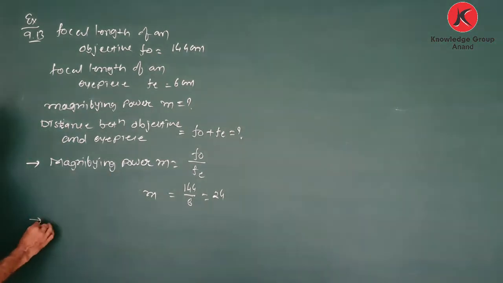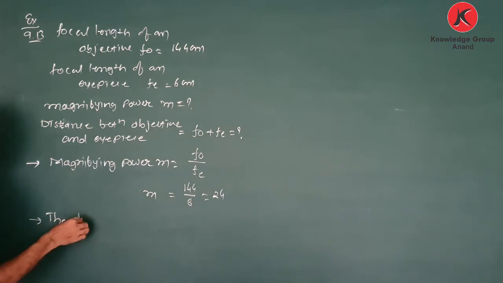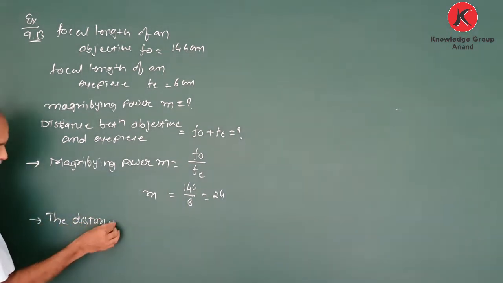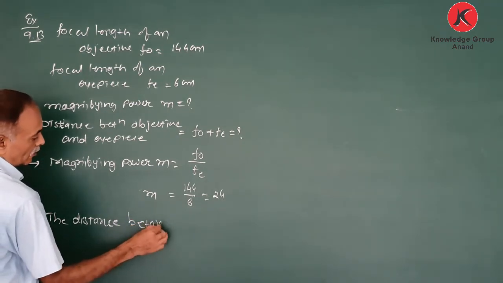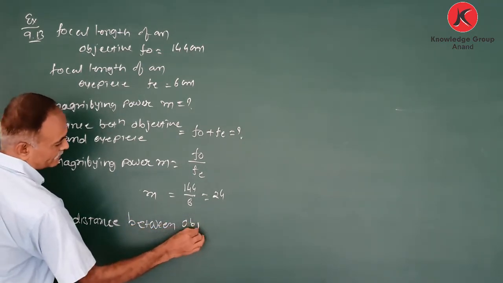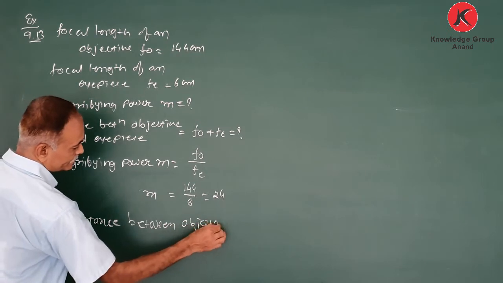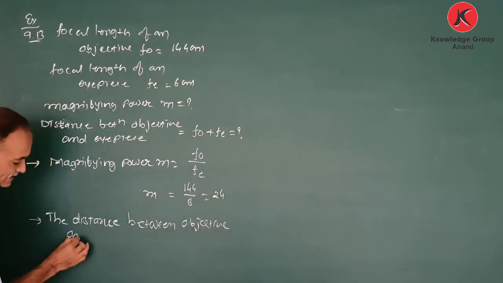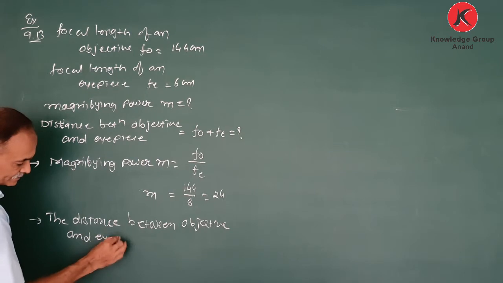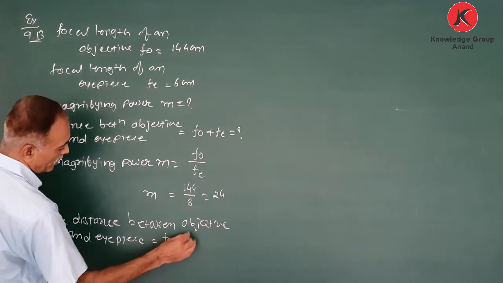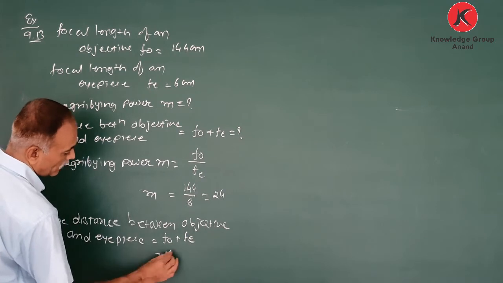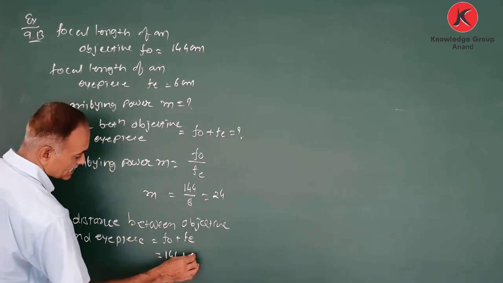And second, the distance between objective and eyepiece is equal to FO plus FE. FO 144 plus 6.